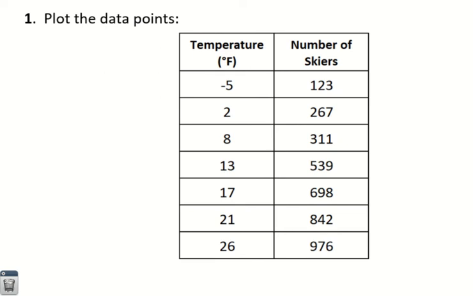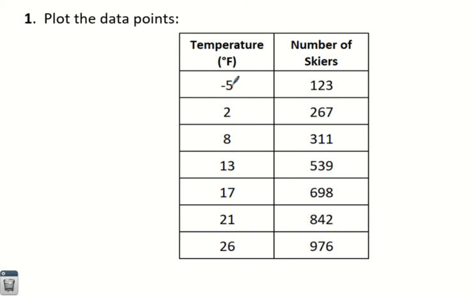If I had different values in this table, maybe closer to 30 degrees, 40, 60, 70 degrees, you might actually see a negative correlation. But with these values, at -5 degrees, you're not going to have more skiers. According to these numbers, when the temperature drops into crazy cold temperatures, you're actually going to have less skiers.